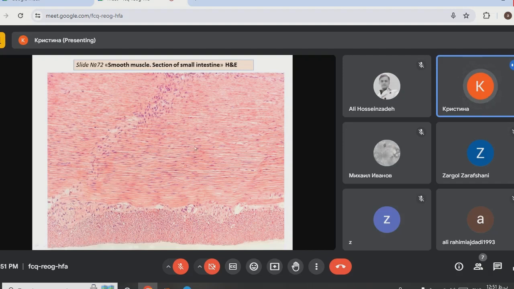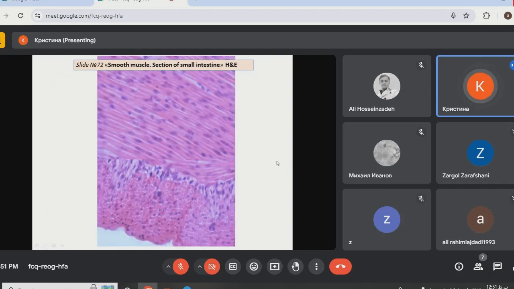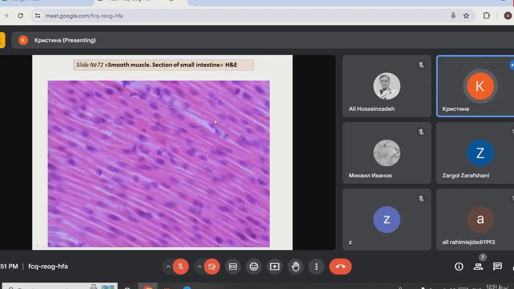So this is the inner circular layer of smooth muscle cells. Here you can see elongated smooth muscle cells, longitudinal sections, and this is the outer layer of muscle. Here you can see cross sections of them. The same is here, in the outer layer cross sections, in the inner layer longitudinal sections.